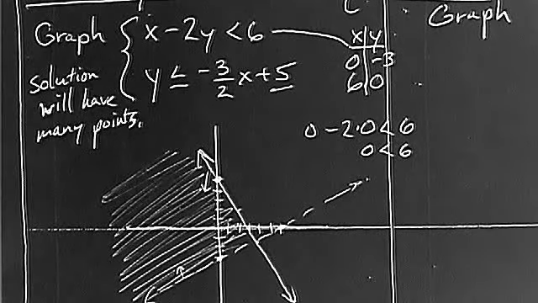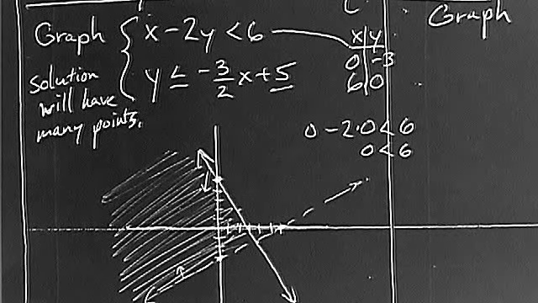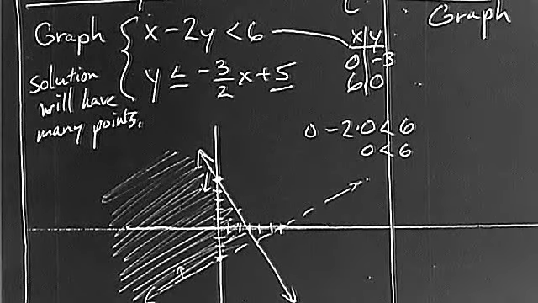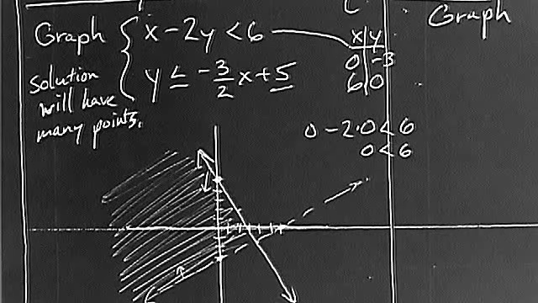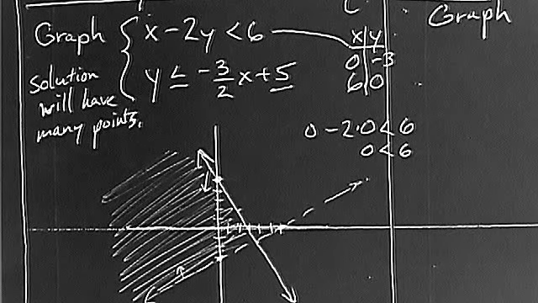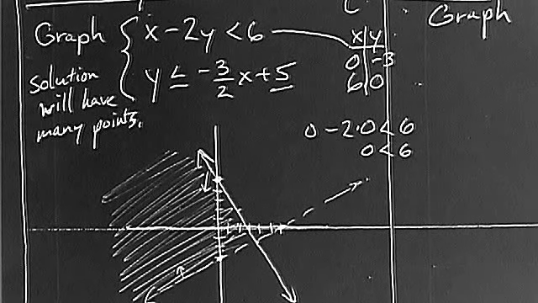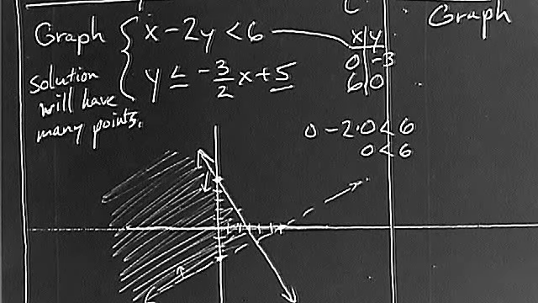There are millions and trillions of points out in this shaded area. And that's where all my solutions are. Every point that sits out there would be a solution point to both inequalities. The first 3 questions in the homework that we'll look at tomorrow in class are doing that kind of same thing.